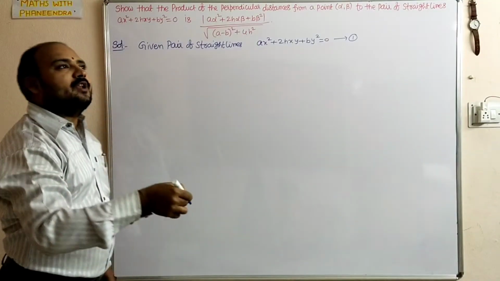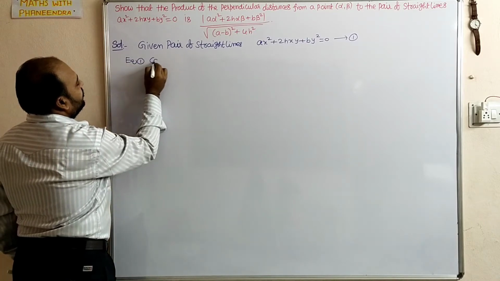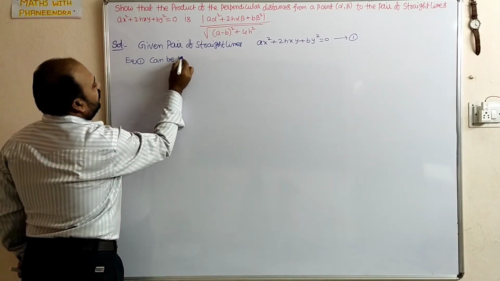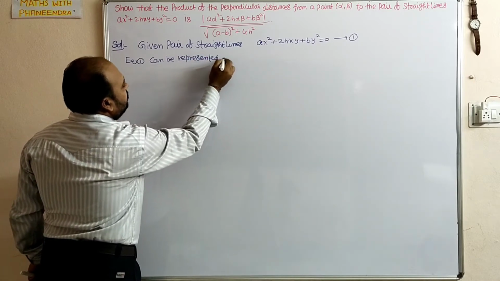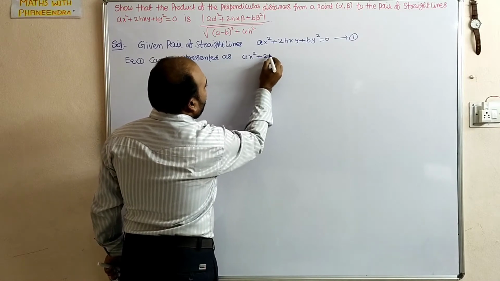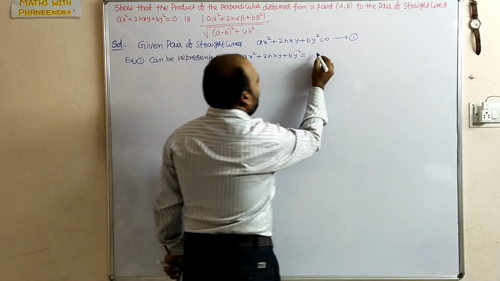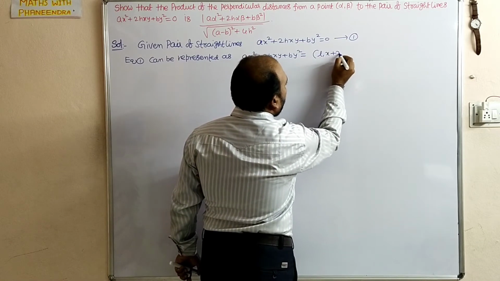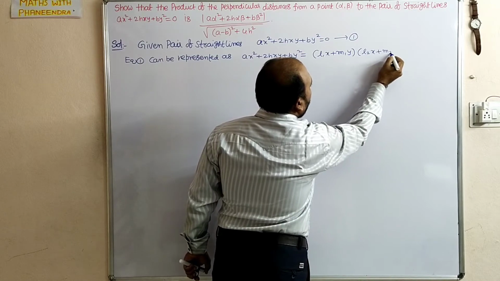Equation 1 can be represented as ax square plus 2hxy plus by square equal to L1x plus M1y into L2x plus M2y.